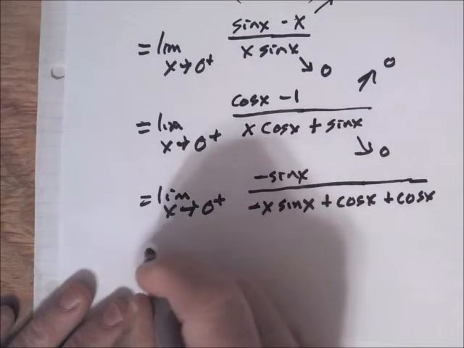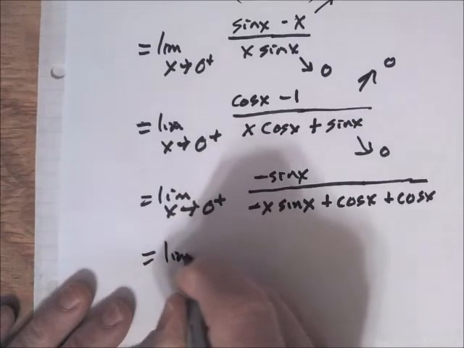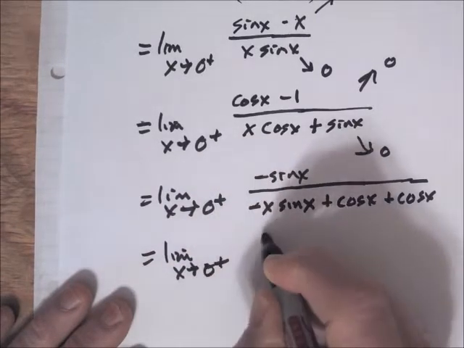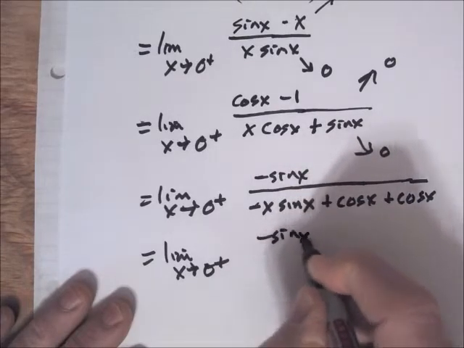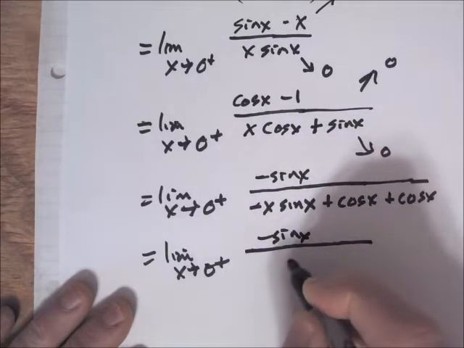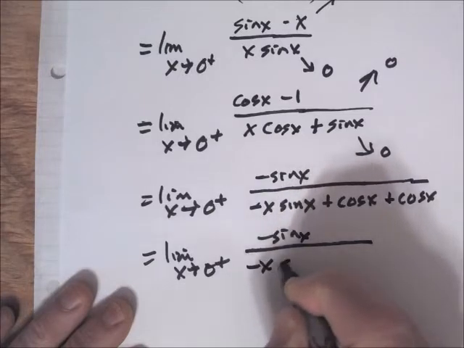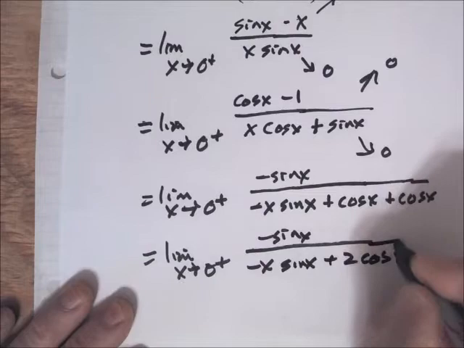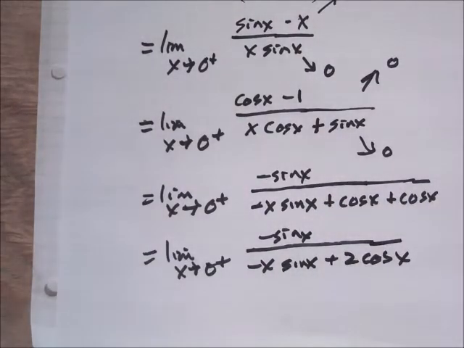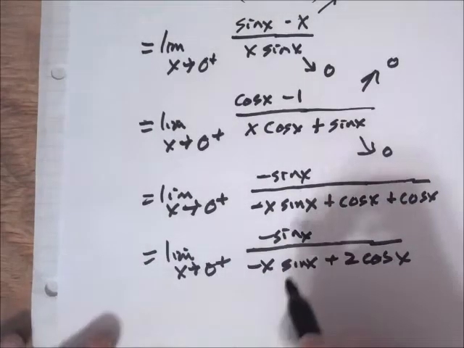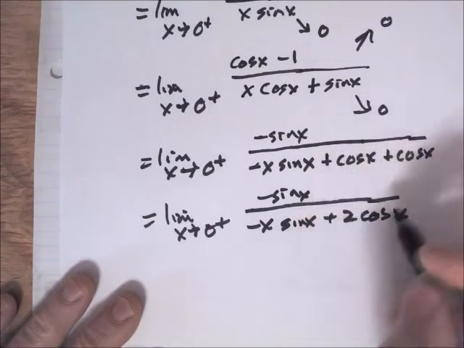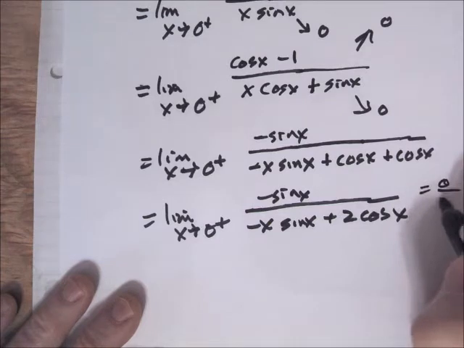Okay, so this limit as x goes to 0 from the plus side, minus sine x over minus x sine x plus 2 cosine x. Okay, so this limit will go... this is 0. This term is 0, that term is 0. This term is 1. So this is going to be 0 over 0 plus 2, which is equal to 0.